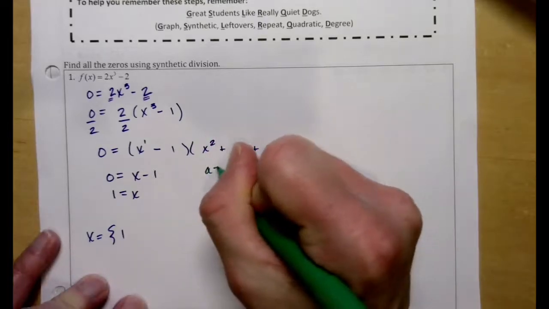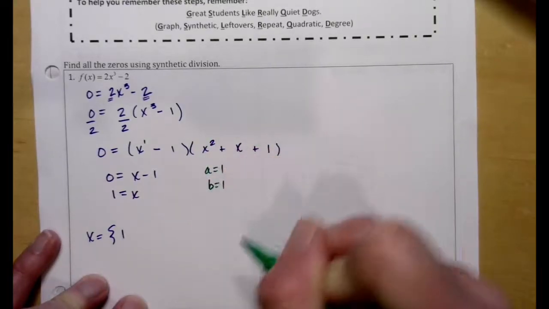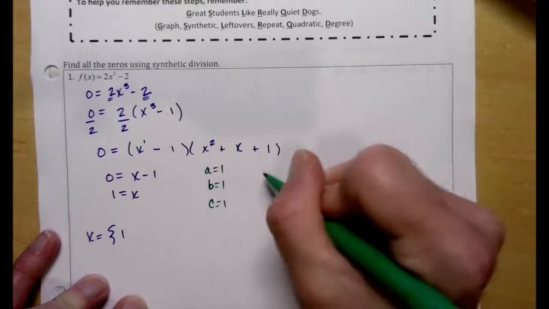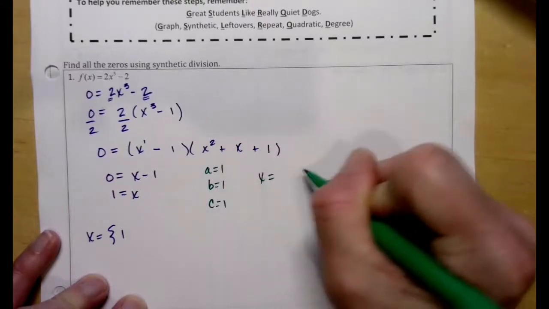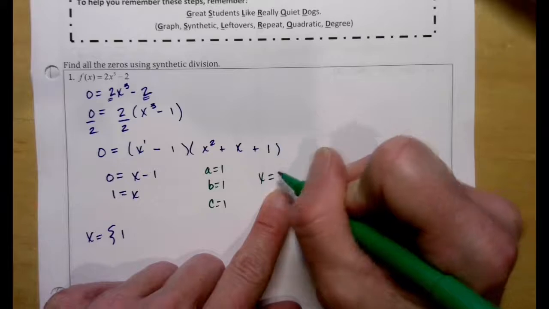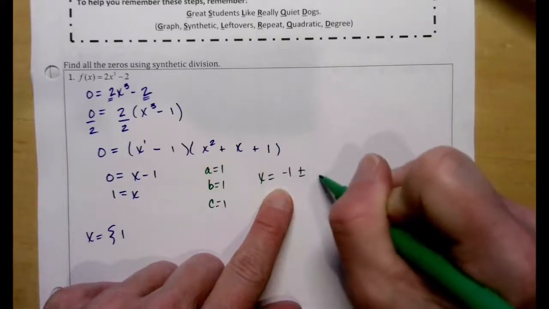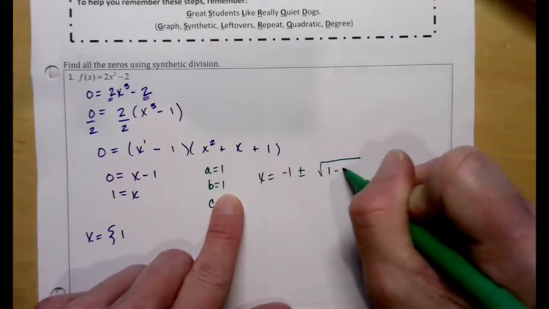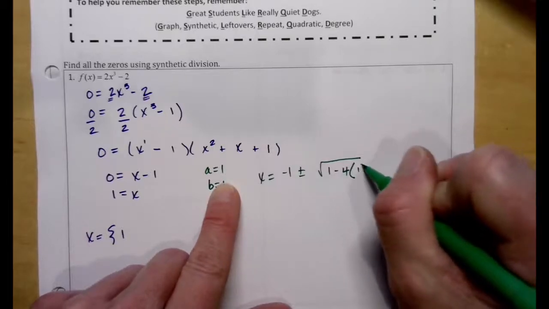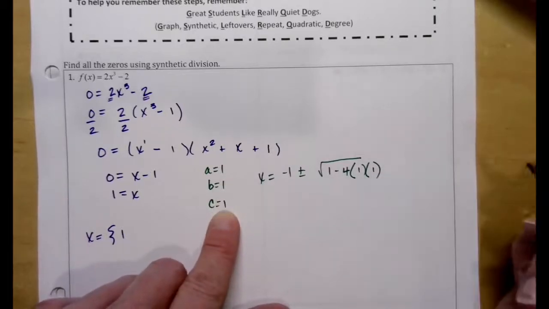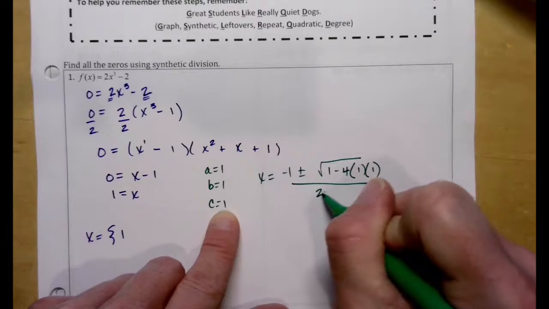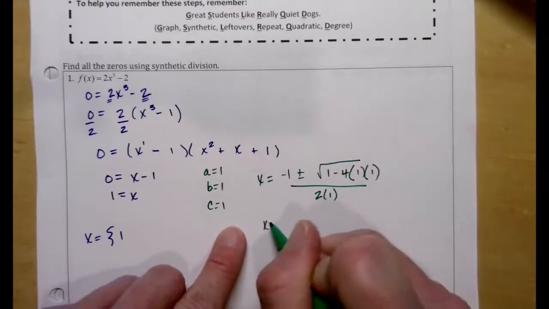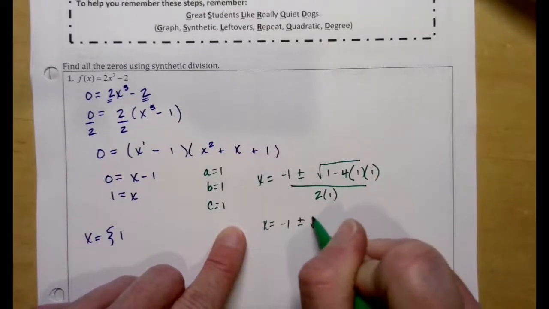My a has a value of 1, my b has a value of 1, and my c has a value of 1. So all of the x's are equal to the opposite of b plus or minus the square root of b squared minus 4 times a times c, all over 2a.